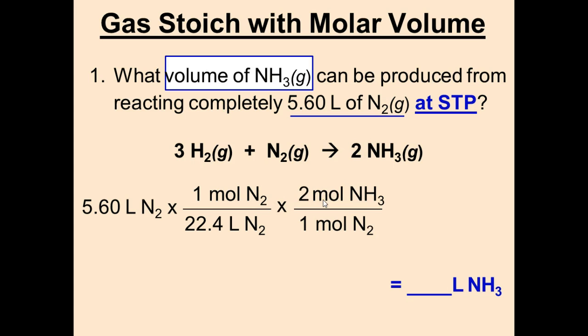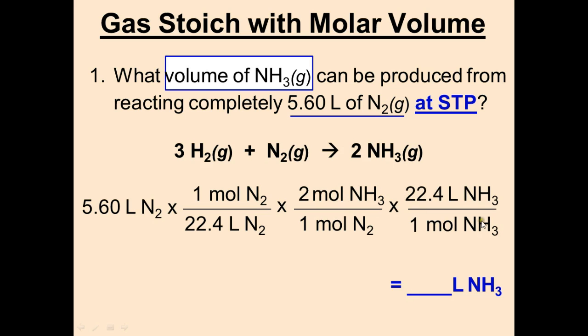And so now that we're in moles of NH3, remember we're at STP and we want to go to liters, so we can use our gas volume, or molar volume, I should say. And remember, whatever's on the top goes on the bottom, so moles of NH3 goes on the bottom, and liters of NH3 goes on the top. Remember, there's 1 mole for 22.4 liters.